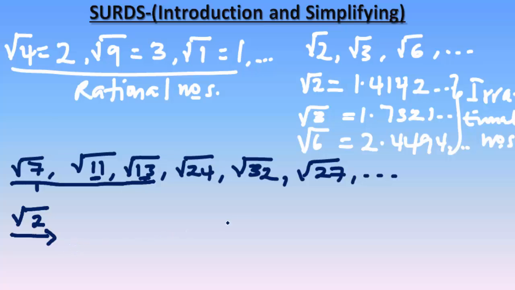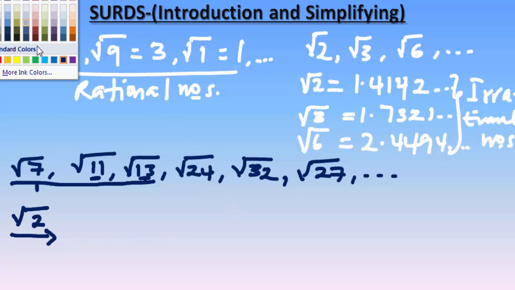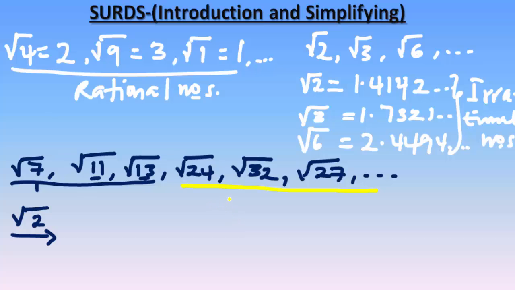Are you okay? Good. Now, if you also look at the last 3 examples of the surds on the board, root of 24, root of 32 and root of 27, it's possible to express the numbers 24, 32, then 27 as a product of two factors, where one is a perfect square and the other one is not. Let's look at this.